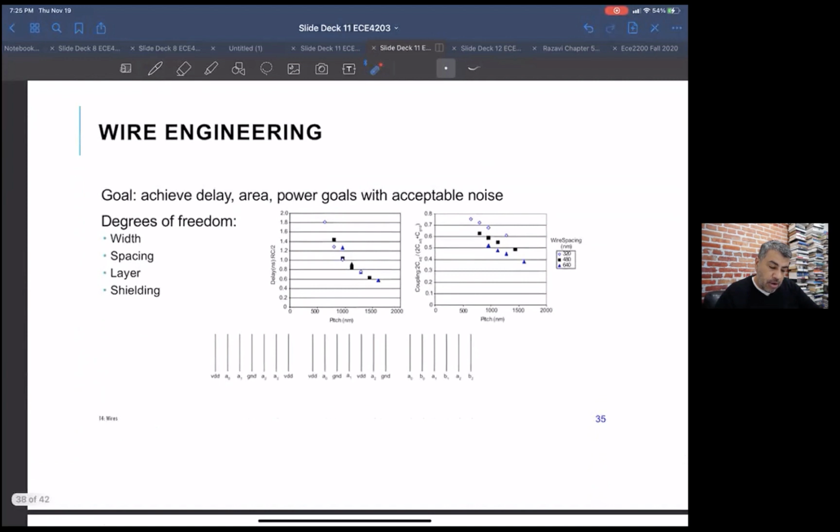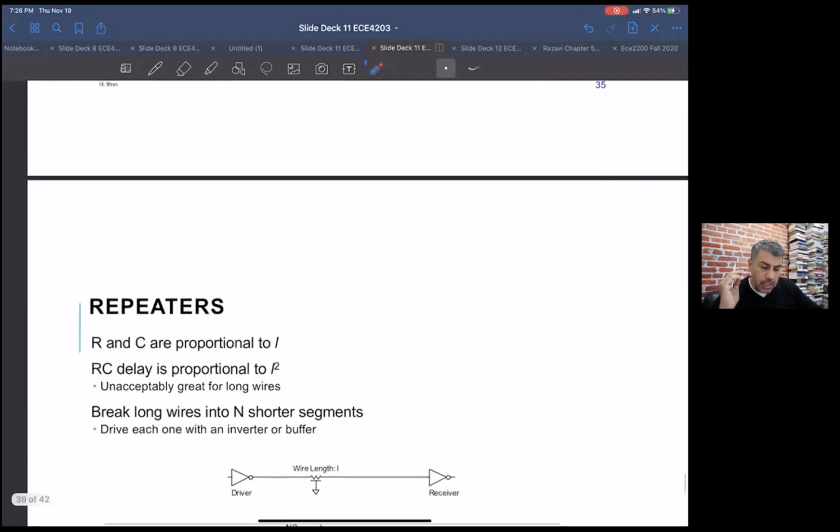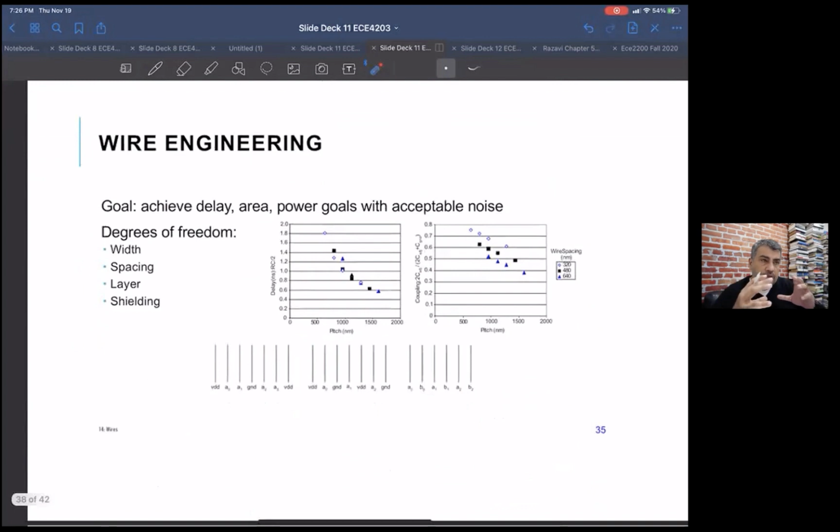So that's about crosstalk. Now, as a designer, you have some ability to control some of these things, especially on long lines. The first thing to do is actually in floor planning.